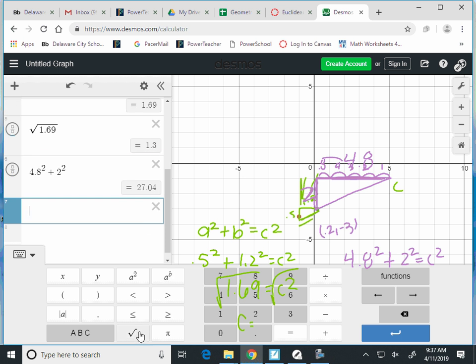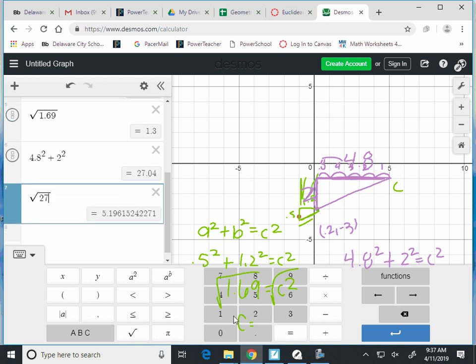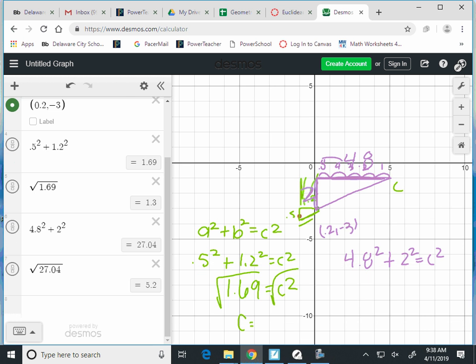Again, try to take the square root of that, and it gave us a normal number. It gave us 5.2. So that's okay. We didn't have to round that decimal. If we don't have to round, it's okay to leave it in decimal form. So when we added this, we got 27.04. We took the square root, and when we took it, we got a decimal that we didn't need to round. So it's okay to leave it like that.